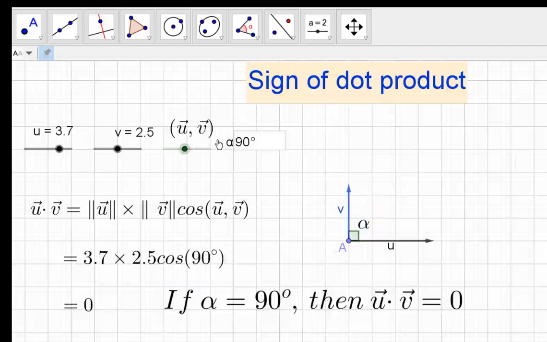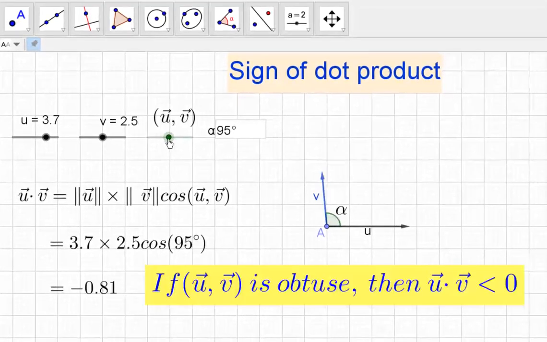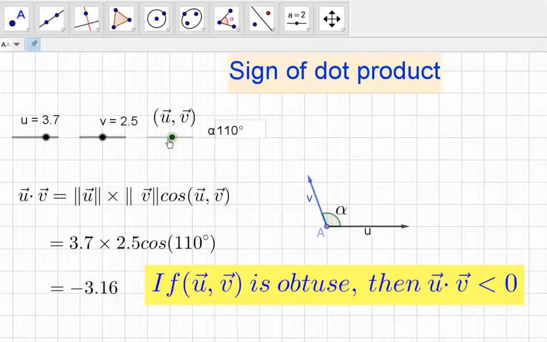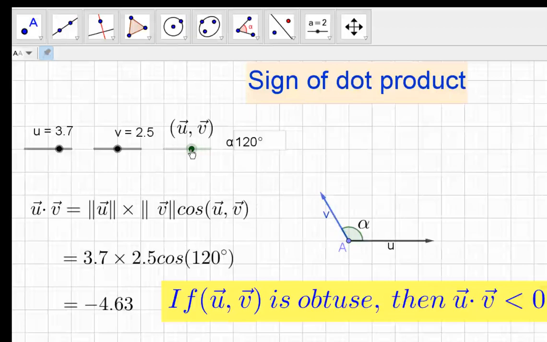If the angle between the two vectors is 90, that is to say the two vectors are orthogonal, and the dot product between the two vectors is 0. If the angle between the two vectors is obtuse, then the dot product becomes negative and the two vectors are of opposite senses.